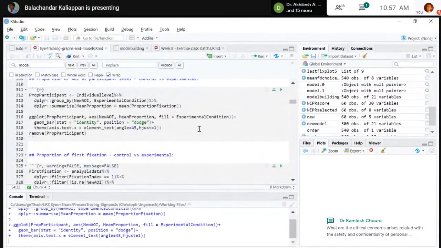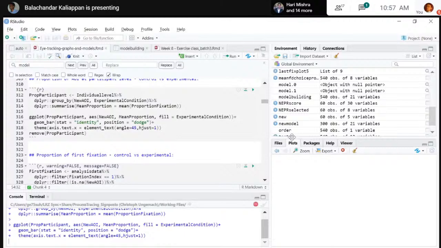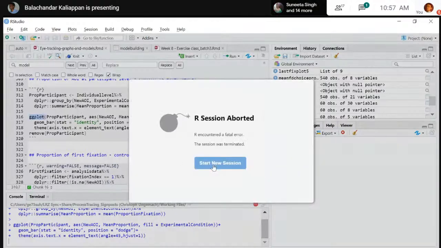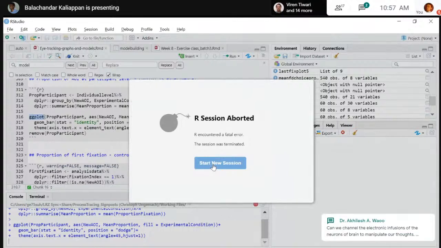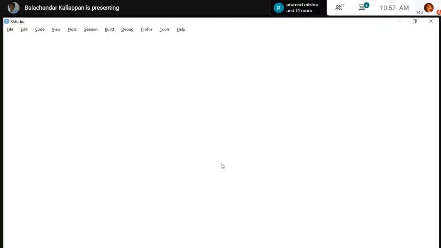I wrote the code, and that can produce a graph, and we just need to wait for the system to produce it. Since the screen is shared, it might take some time to execute. But you can see this is the ggplot package, and that's getting crashed because of sharing, but that is quite possible. Here you can basically create beautiful visualizations with the data that you have.